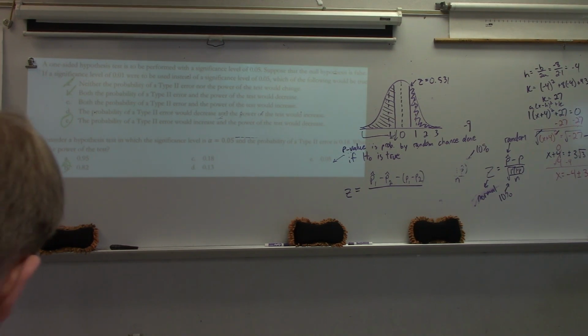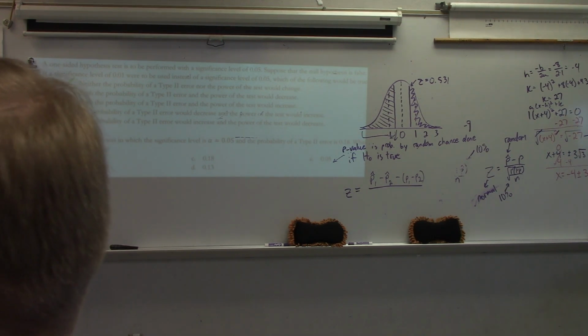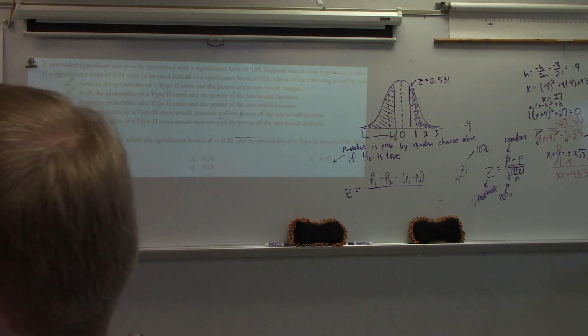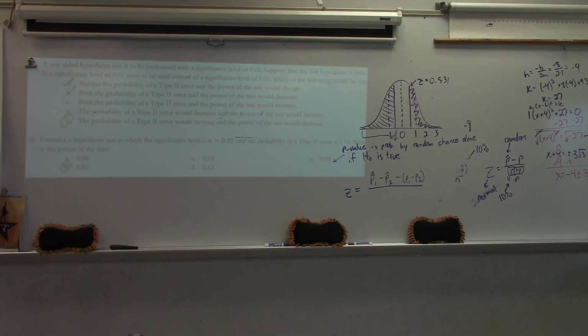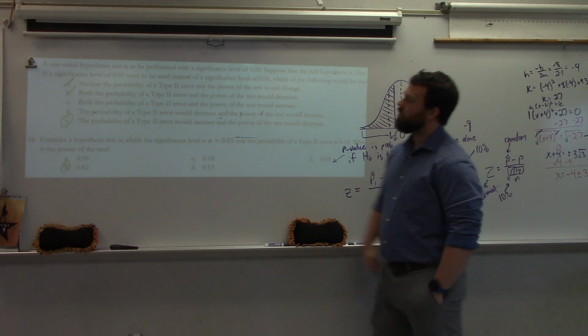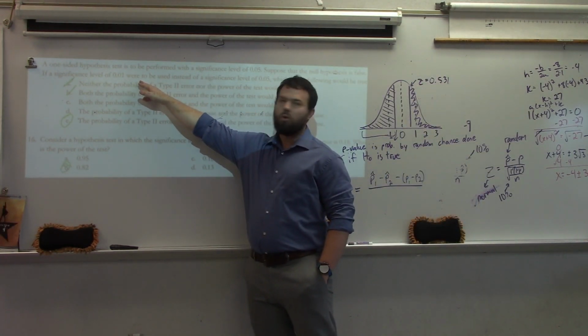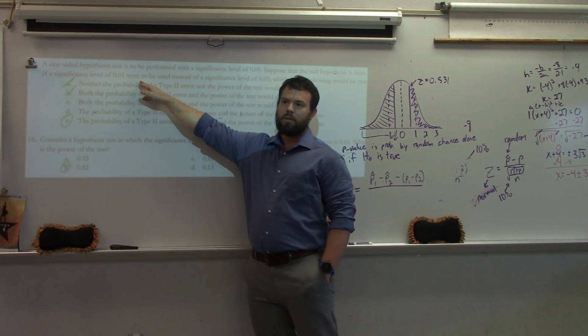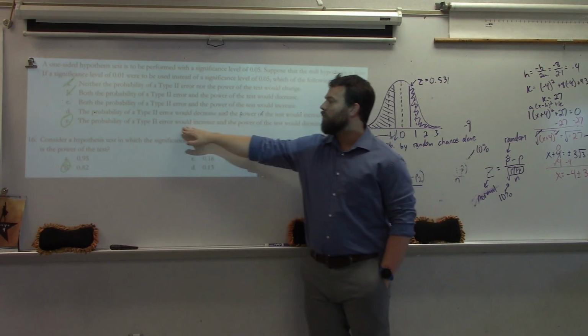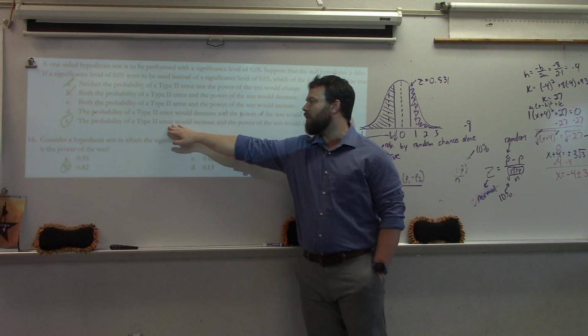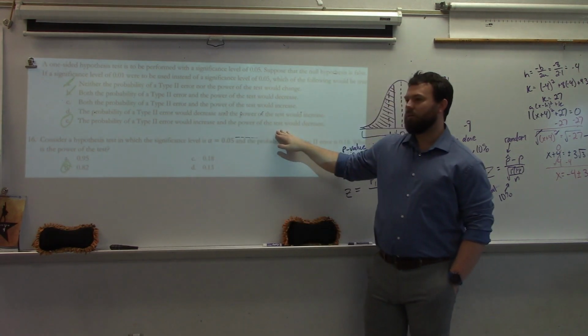Do we need to talk about 15? So the power is just 1 minus the probability of type 2 error. So remember guys, what's the consequence of lowering alpha? It increases beta, and if we increase the probability of a type 2 error, it decreases my power, right?